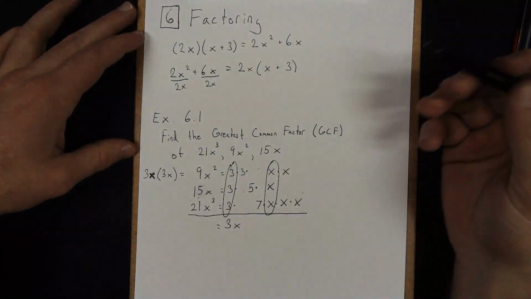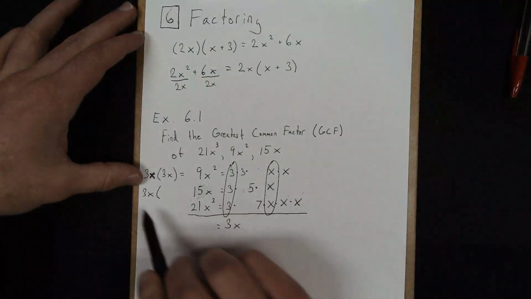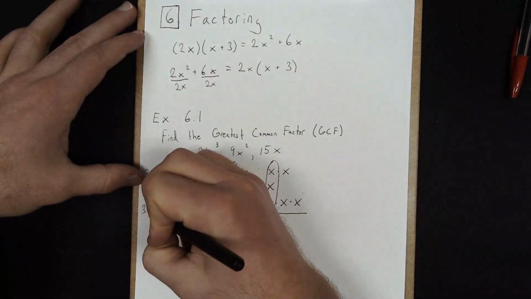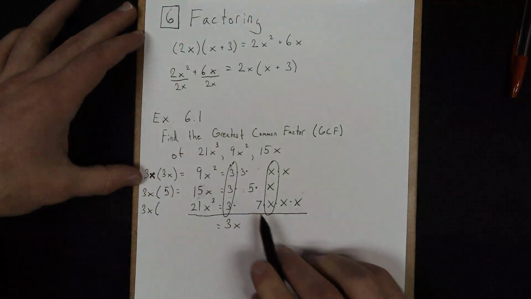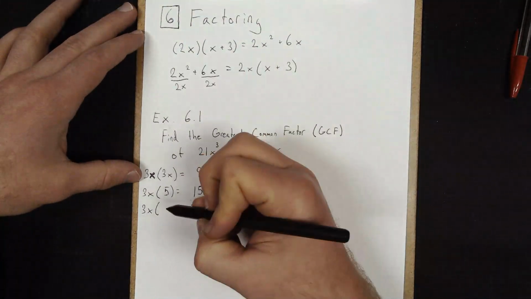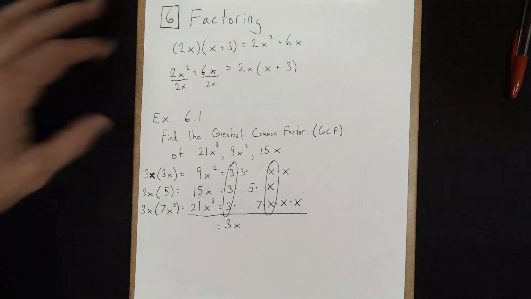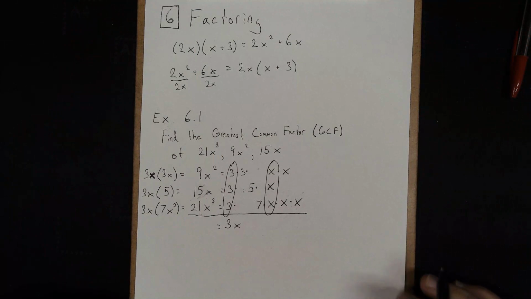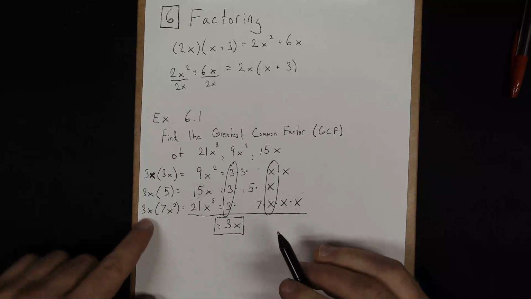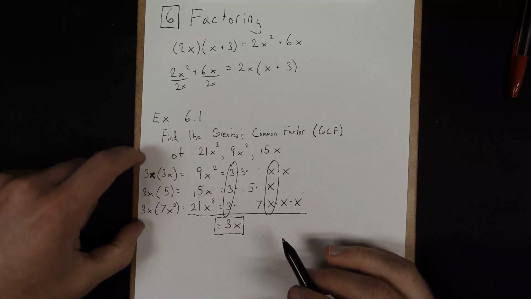Do the same thing with 15x: 3x times 5 is 15x. 3x times 7 times x gives me 21x cubed, so 7x squared would be 21x cubed. Just so we're clear, this would be your greatest common factor. This is me just showing you how to write each one of these terms using that greatest common factor.